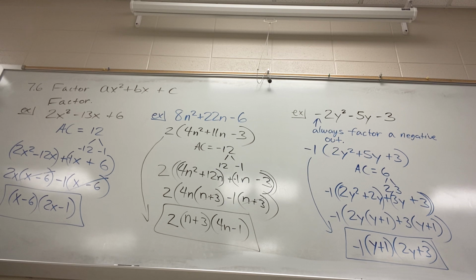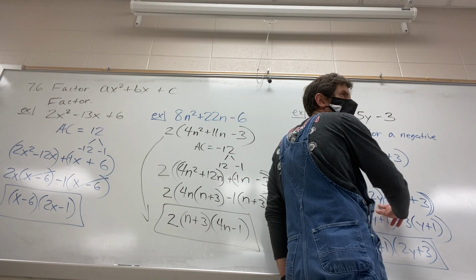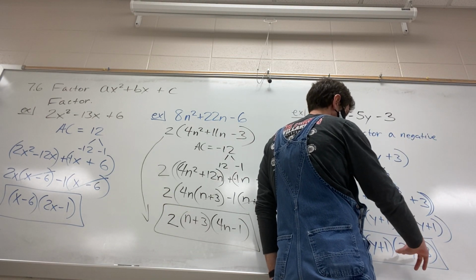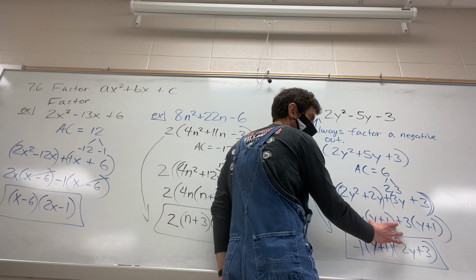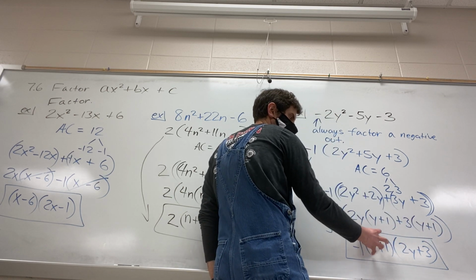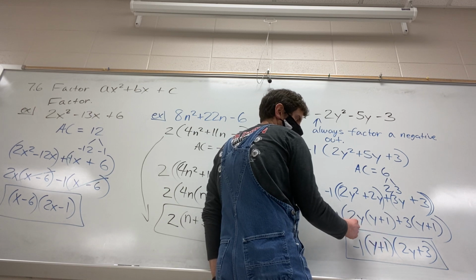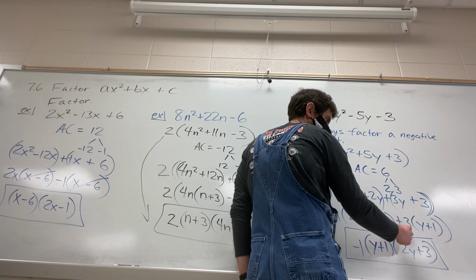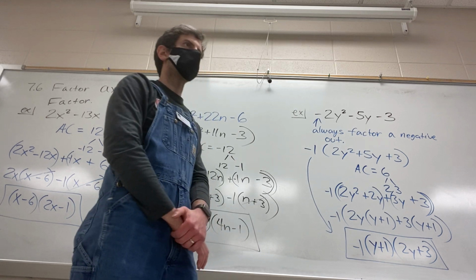Where'd you get 2y plus 3? I know where the plus 3 came from. Right here, I got it right. Is that what you're talking about? No, down at the bottom. Oh, because when you factor out the common binomial, you're bringing it out to the front, but then what's left behind? 2y and 2y plus 3.